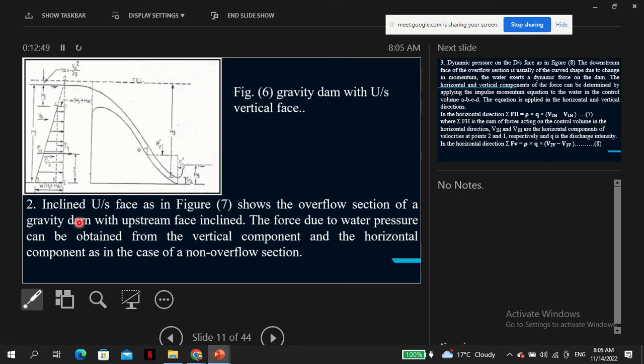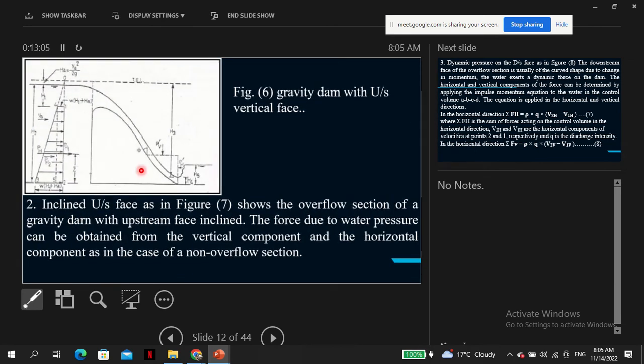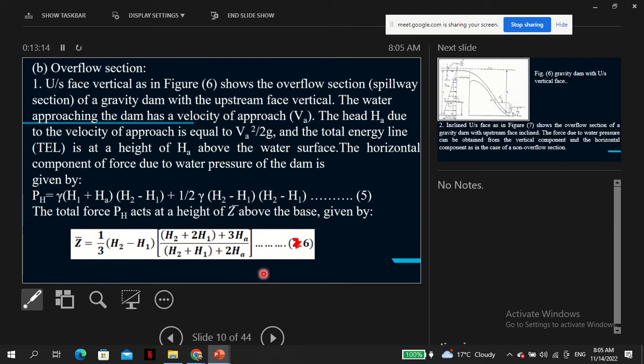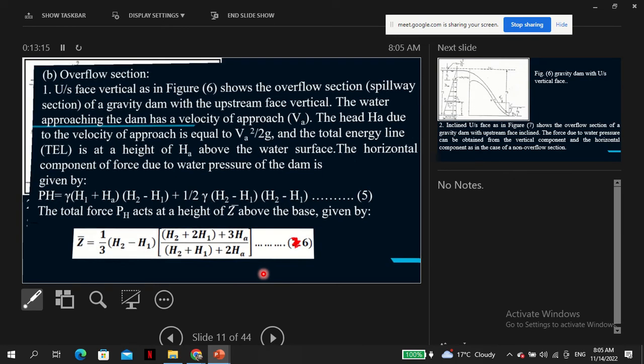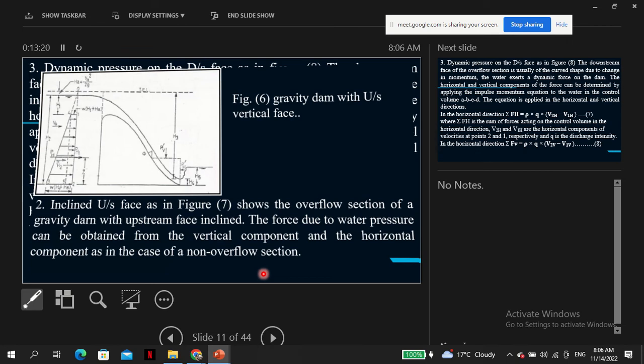The force due to water pressure can be obtained from the vertical component and the horizontal component as in the case of the non-overflow section. So whether inclined or not, the force due to the water pressure will be obtained by the same formula we've already talked about.